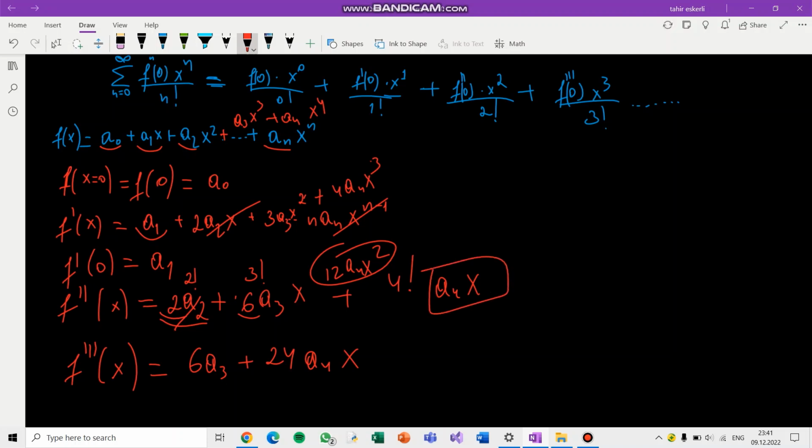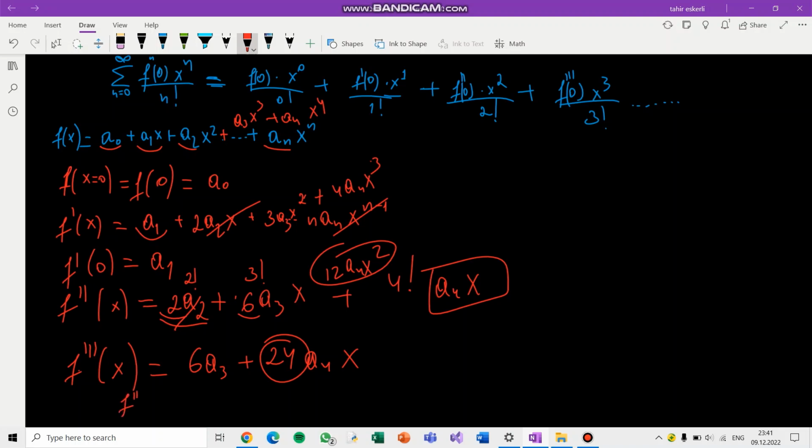We see that our suggestion was correct, and we found that all the coefficients in this polynomial function can be replaced using the derivatives of the function f at point 0.